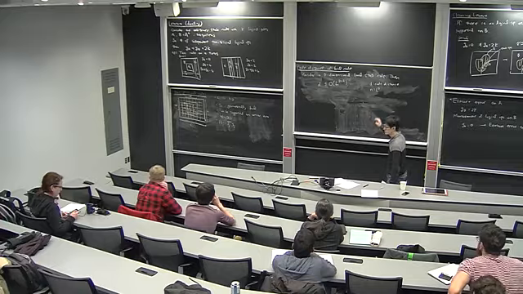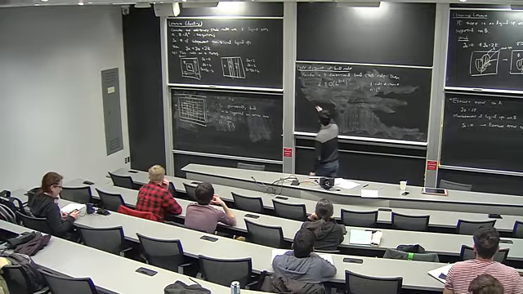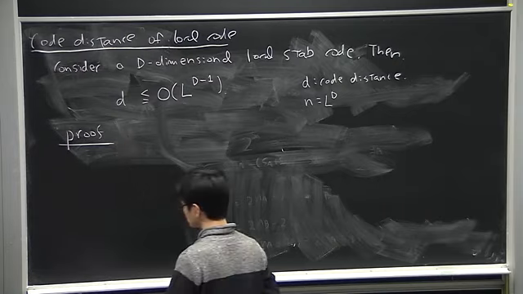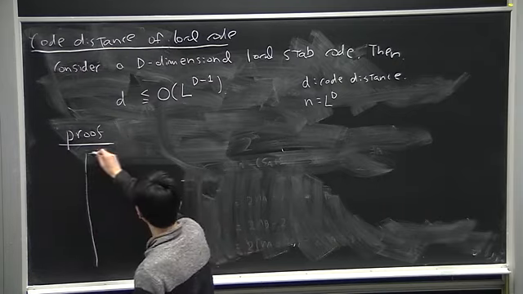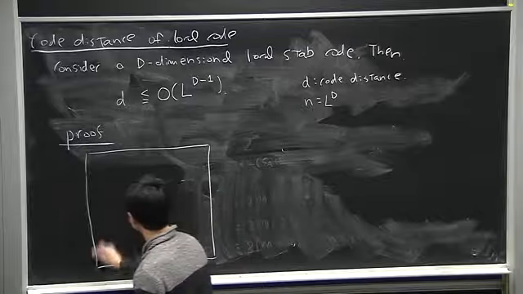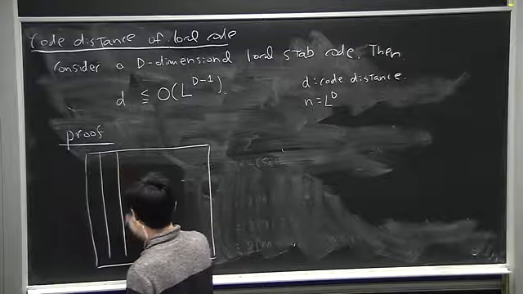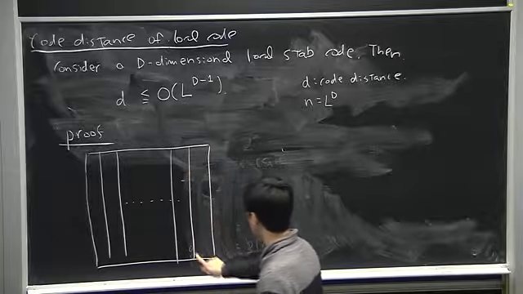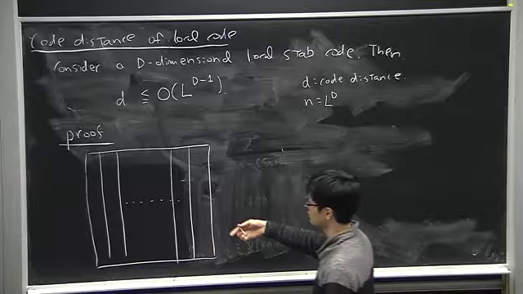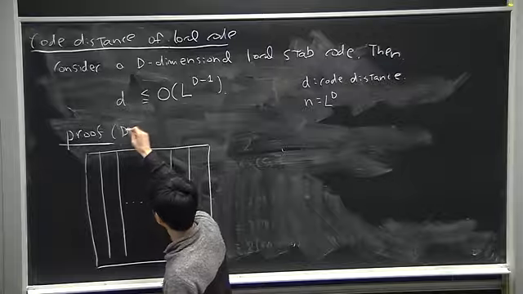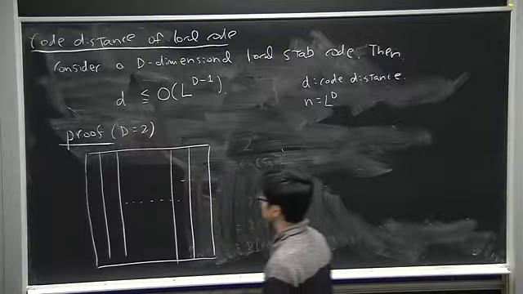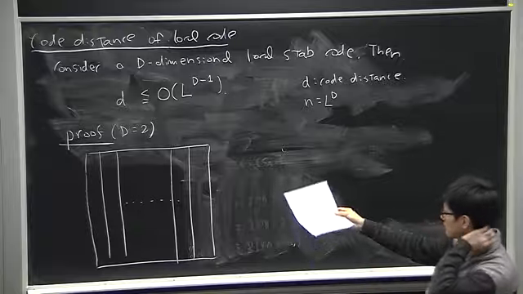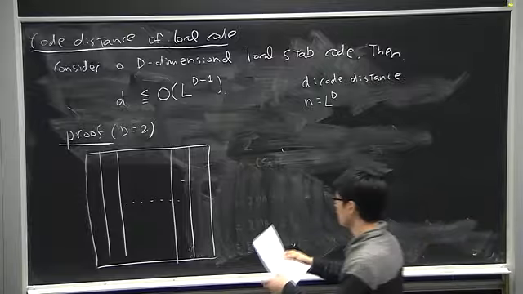Okay, so let's prove this. I'm going to show you the proof for capital D equals 2 because higher dimensions are pretty easy to prove once you understand this proof.